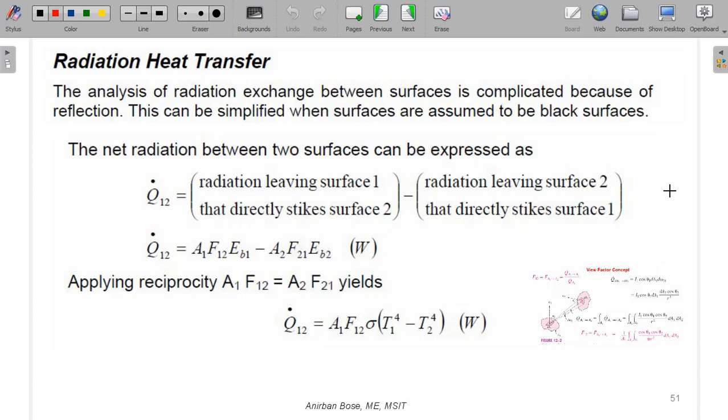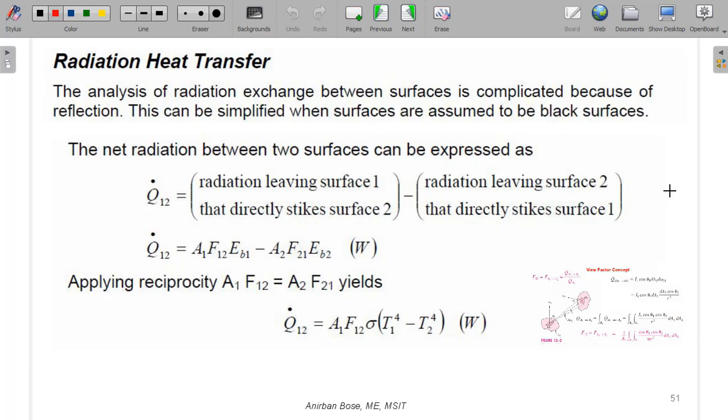Some simple examples we saw in the last class: if the orientations and the number of surfaces are such that the independent number of view factors is 0, then without any proper integration we can find the view factors.